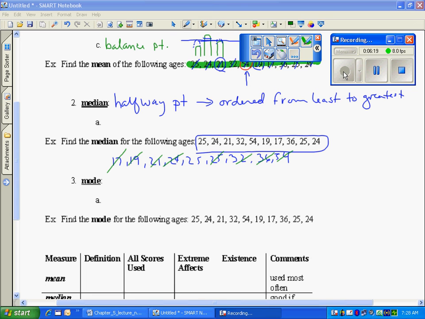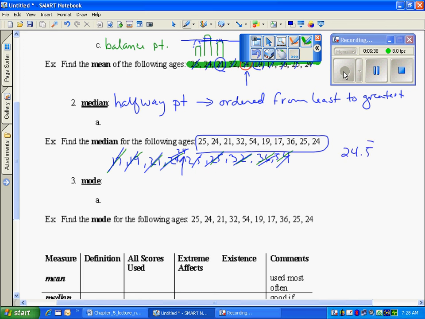It actually looks like I forgot a 24 in this situation right here. So if I go 1, 2, 3, 4, 1, 2, 3, 4, cancel these two out, there's an even number in my data set. So what falls between 24 and 25? 24 and a half. So if there's an even number, you average the two to find the median.